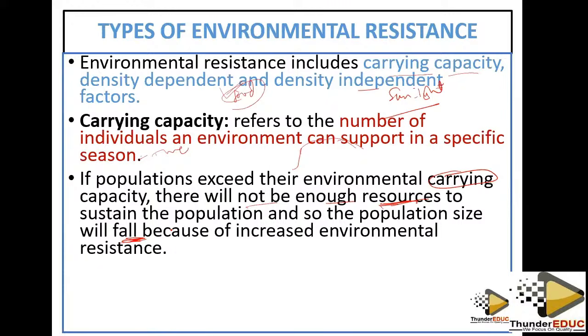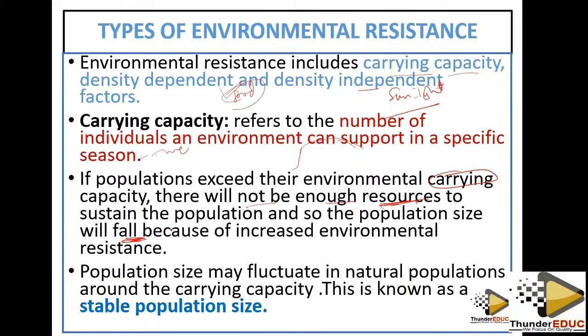Why? Because the resources are not enough for the population which is there. Hence, they have exceeded their carrying capacity. This does not only occur in people, but also in other species.